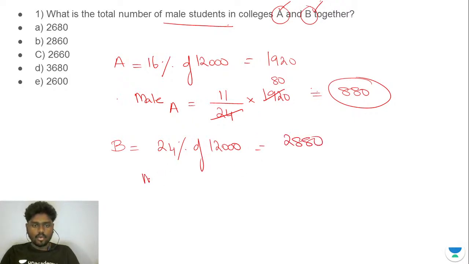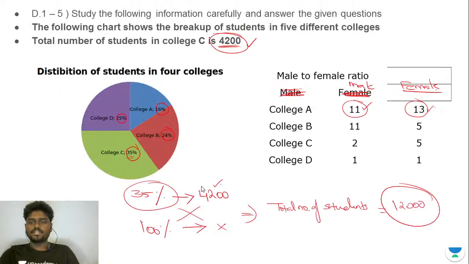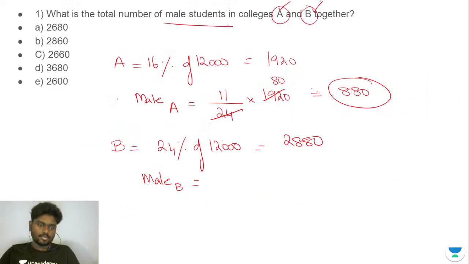And to find the number of male students in college B, let's go for the ratio. In college B, you have 11:5. So the total ratio is 11 plus 5, 16. Out of 16 parts, 11 parts are male, right? So it's going to be 11/16 of the total number of students in college B, right?